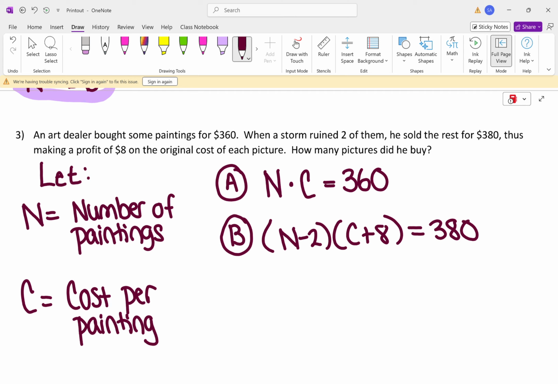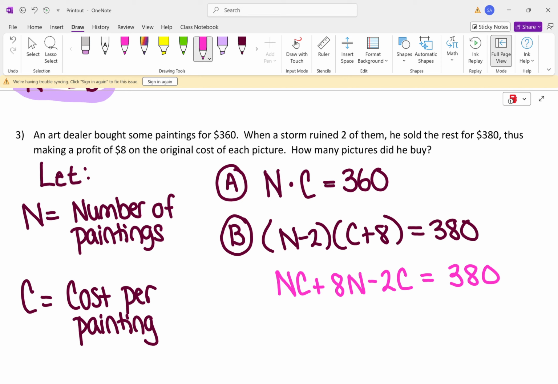Okay, so now I'm going to FOIL out the second equation to see what we have here. When we FOIL out, we get NC, in pink, plus 8N minus 2C equals 380.